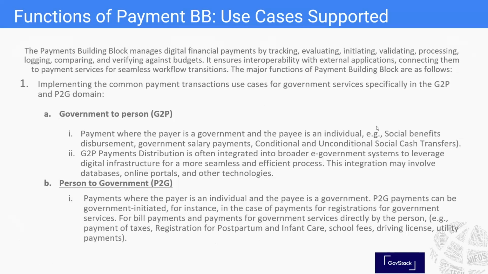For example, governments can make payments to beneficiaries for social benefits. They could disperse salary payments. They could create multiple programs. Right now, already in the sandbox environment, we have worked on the unconditional social cash transfer demo, through which this process can be seen.